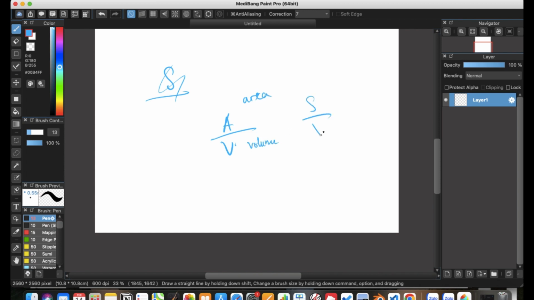Sometimes it can be written like this too, because it's the surface area to volume. So if this ratio is high, then it would be easier for the metabolism reactions, and also it is more efficient in terms of transporting nutrients, stuff moving from outside to inside of the cells, right?